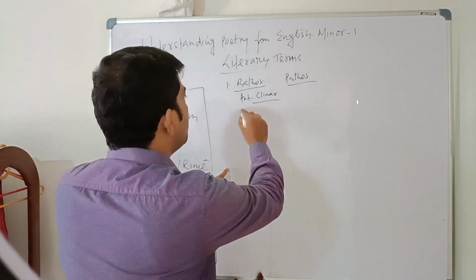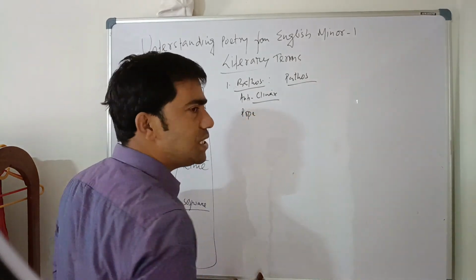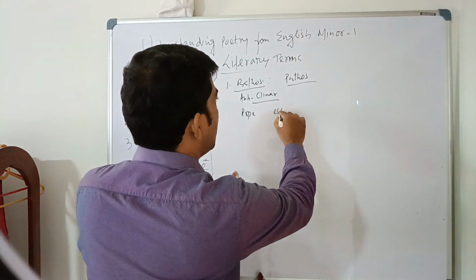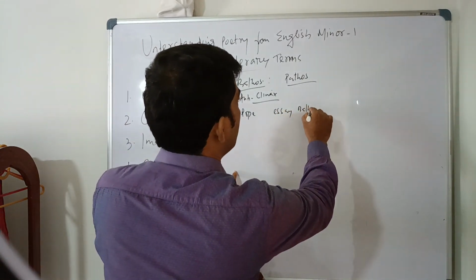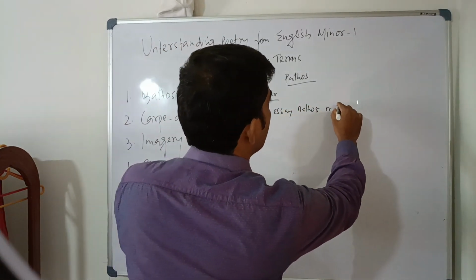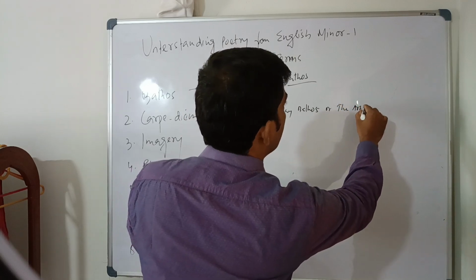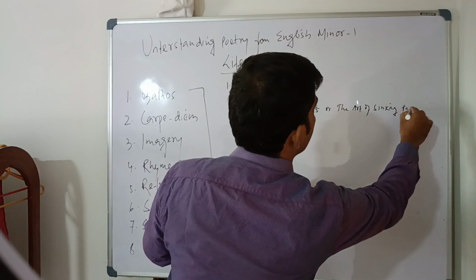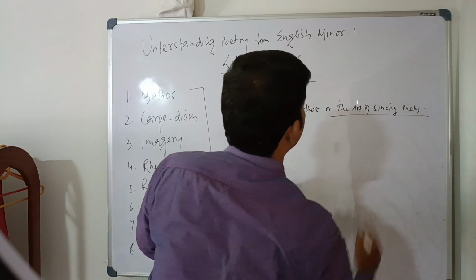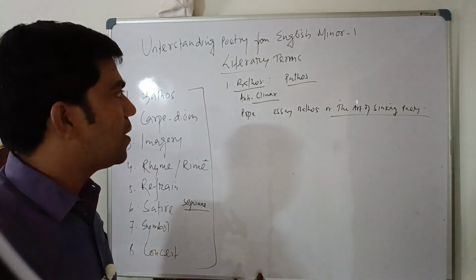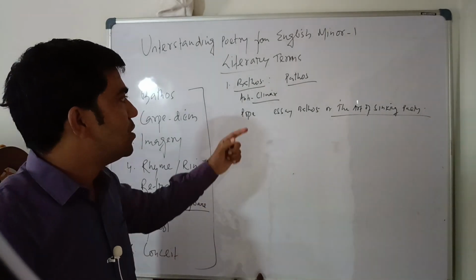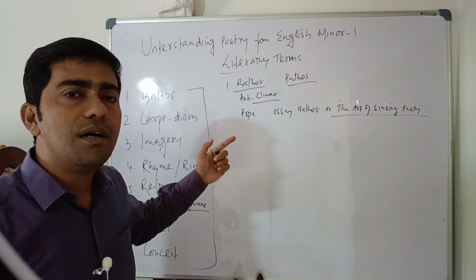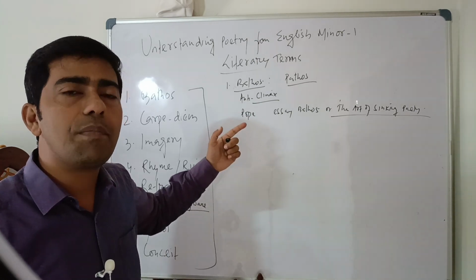Pope first used it in his famous essay Bathos, or the Art of Sinking in Poetry. So he used it in opposition to pathos.